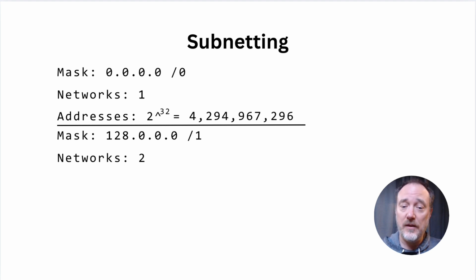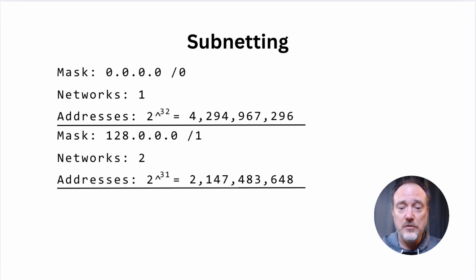So we have one network bit, 31 host bits because we have a total of 32 bits. So 2 to the power of 31 would be 2,147,483,648.